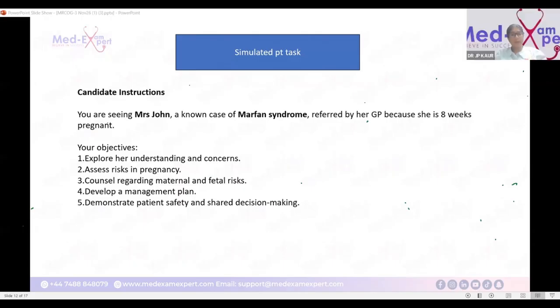Doctor, my baby can also have it? Actually, this condition is autosomal dominant. It means that in 50% of pregnancies the condition can come to the baby.